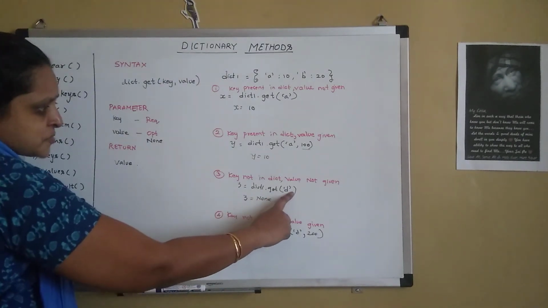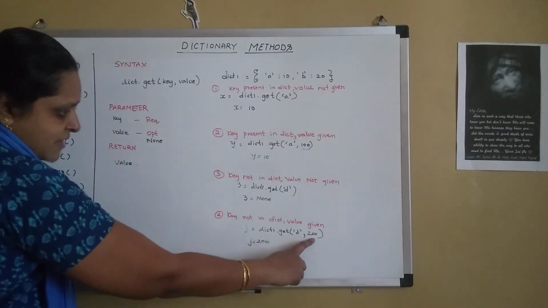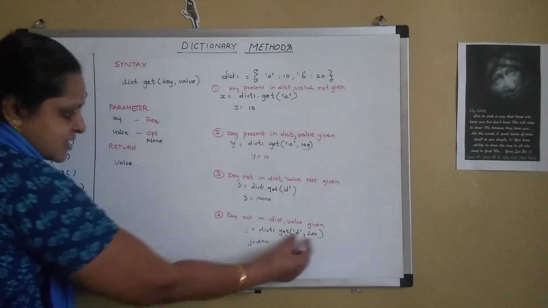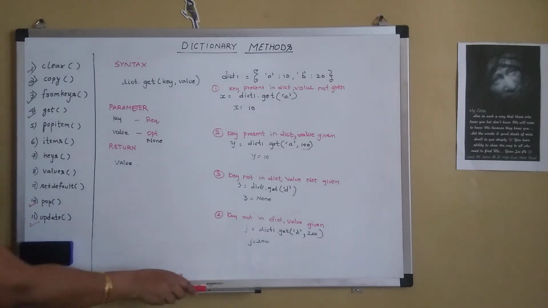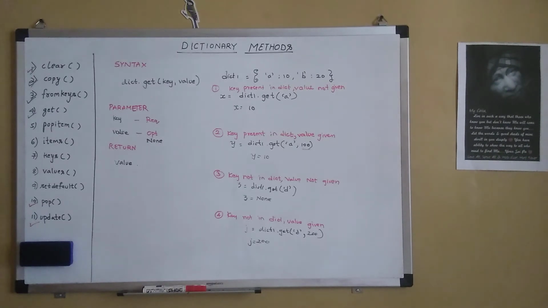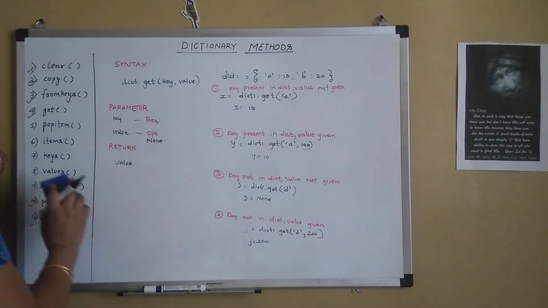If the key is not present and the value has been given, this particular value will be returned back. So this is how the get built-in method works in Python.